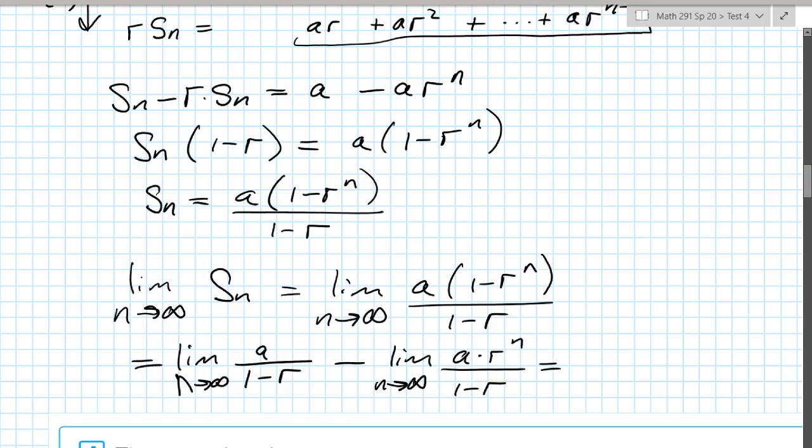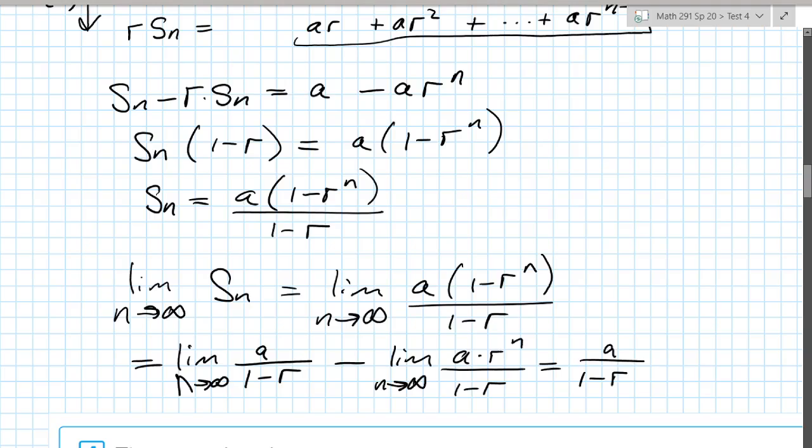So here, the first part of this limit is just a over 1 minus r. Since there aren't any n's in here, this is just a constant. For the second part of this limit, it's going to depend on what r is.